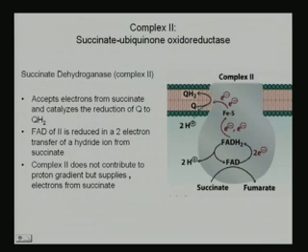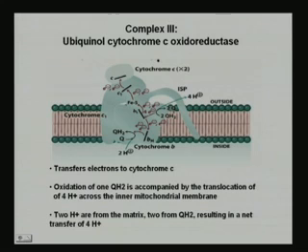Now, in this way FADH2 and NADH are donating electrons to the electron transport chain. It is further carried over to complex 3.